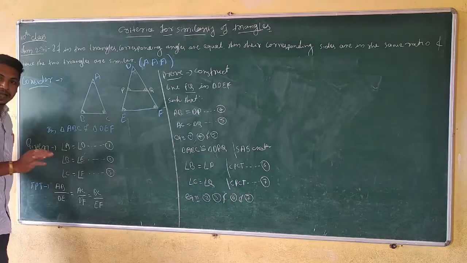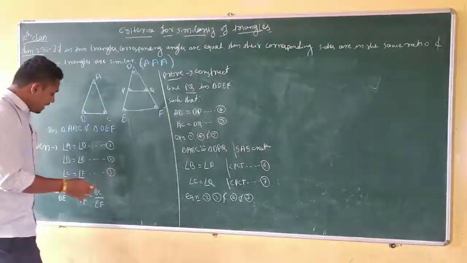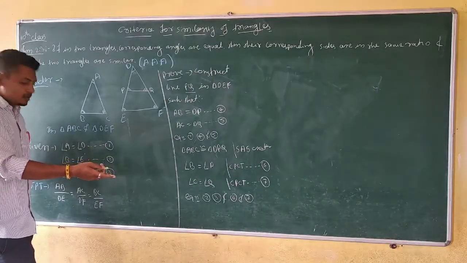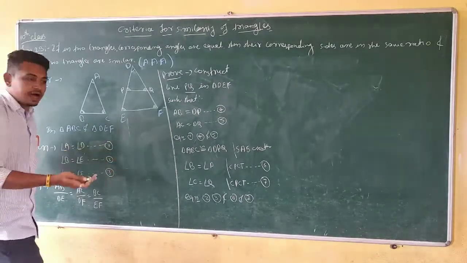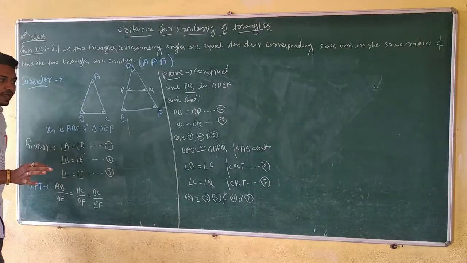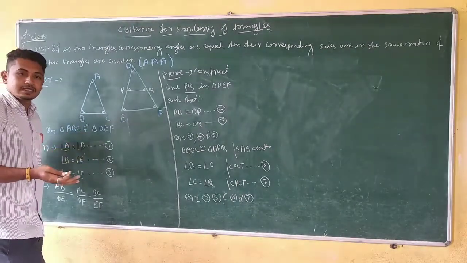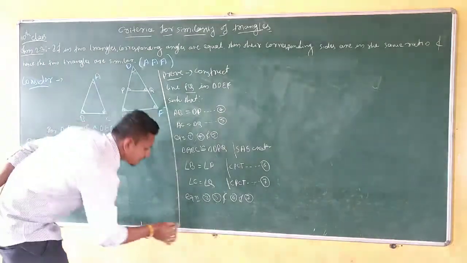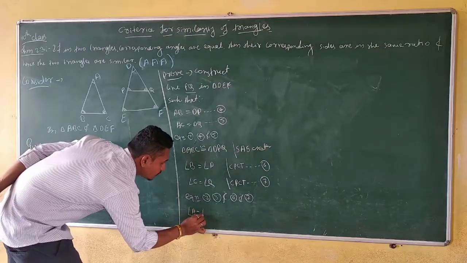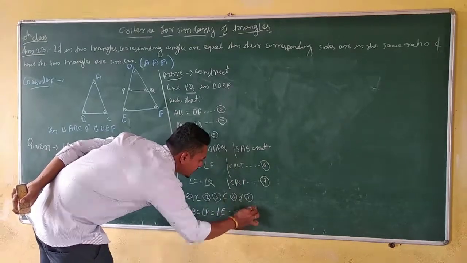Angle B is equal to angle E, and angle B is equal to angle P. So obviously angle E is equal to angle P, because angle B is equal to angle P and angle B is equal to angle E. So write here angle B is equal to angle P is equal to angle E. This is equation number 8.